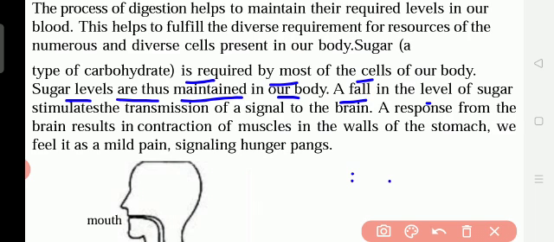When the sugar level comes down in the body, immediately a message, one signal, is given to the brain.